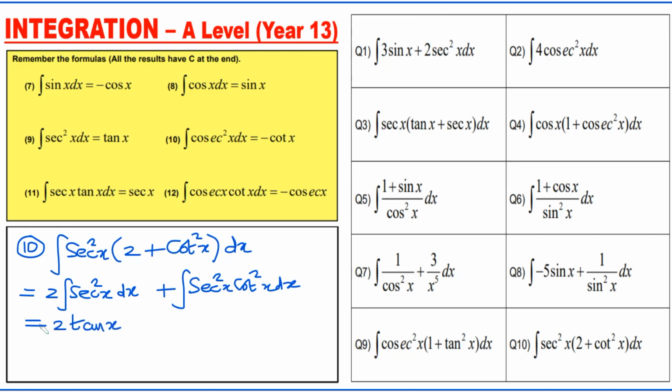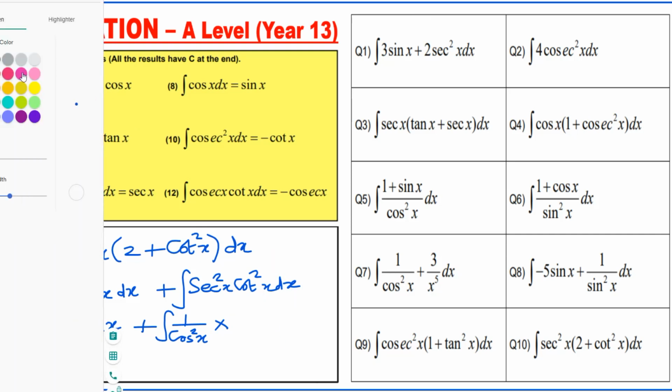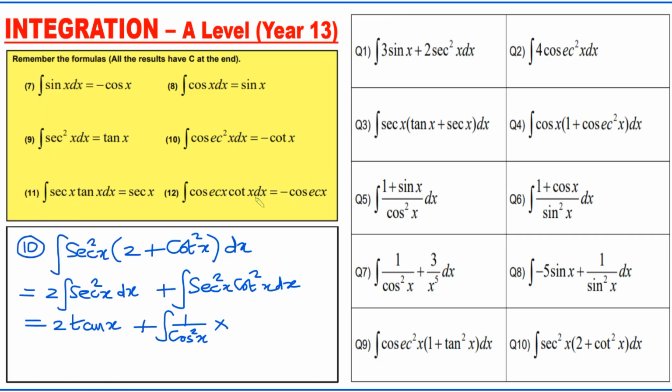So one side is easily done, plus integration of sec squared, which is 1 over cos squared x, and for cot squared you need to be clever enough to write cot squared as 1 over tan squared. Tan squared is sine squared over cos squared. Let me write it here, using a different color to explain what cot squared is.